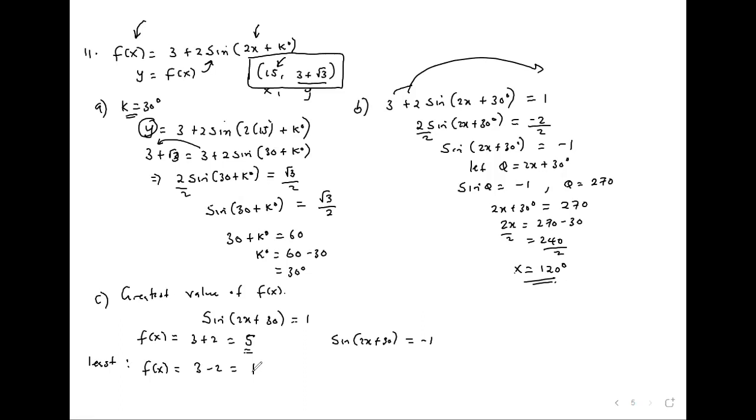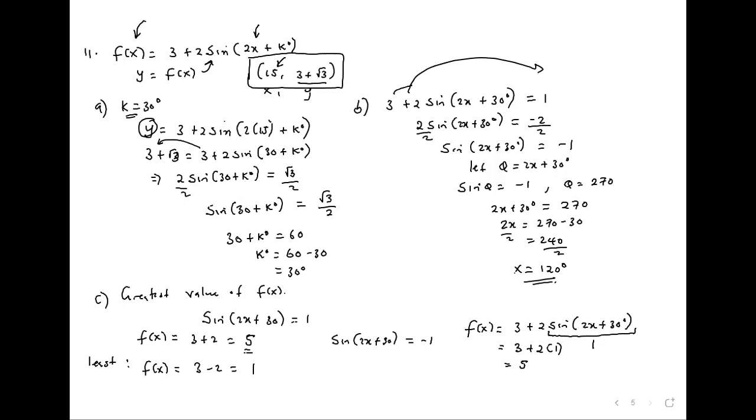Excuse me, where are you getting the 3 and 2? So f of x is 3 plus 2 multiplied by sine 2x plus 30. Now we are saying when this gives us the maximum value it can, which is 1, then f of x will be 3 plus 2 multiplied by 1, meaning we'll get 5.